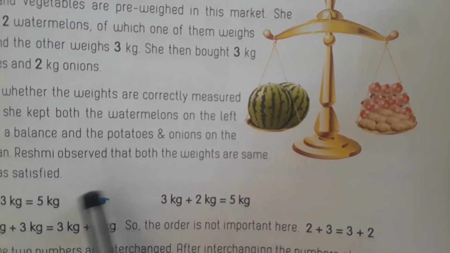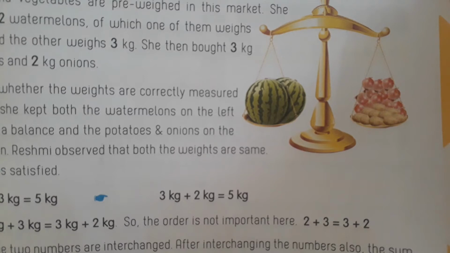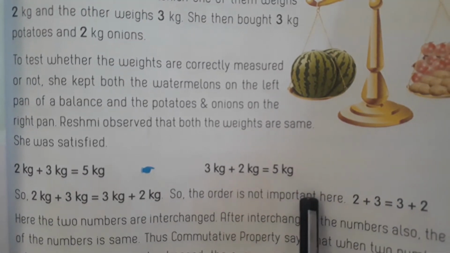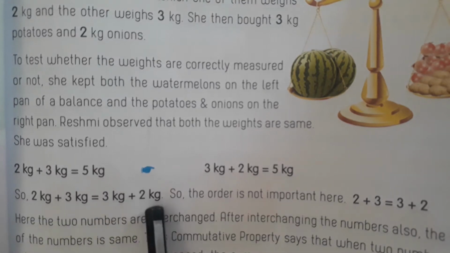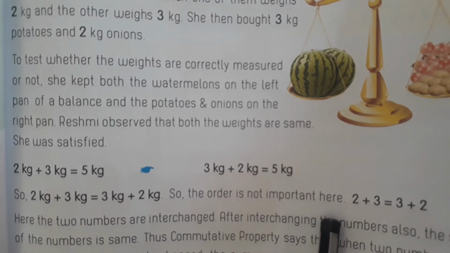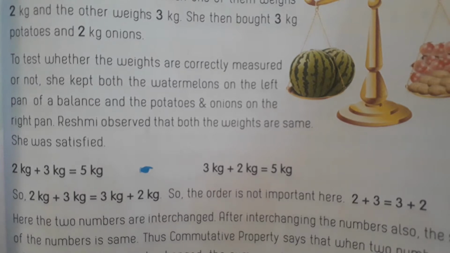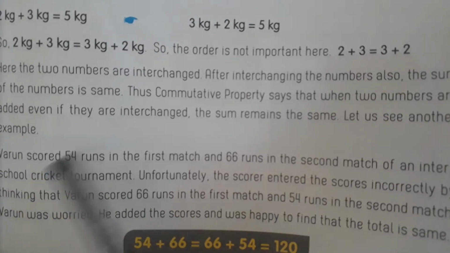She was satisfied. So 2 plus 3, 5. And 3 plus 2 also 5. So 2 plus 3 equal to 3 plus 2. The order is not important here. The sum is equal. Here the two numbers are interchanged.